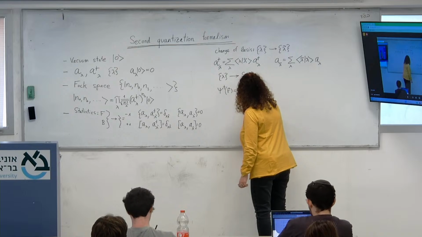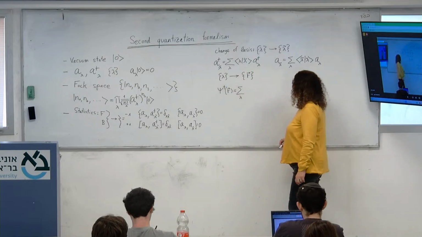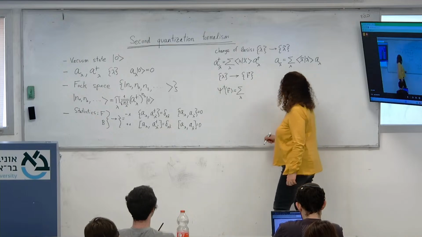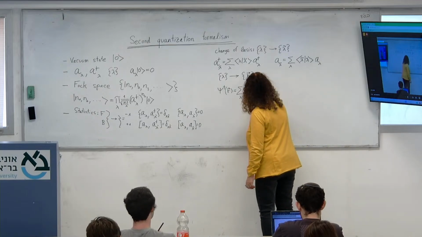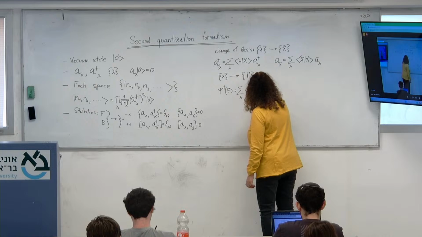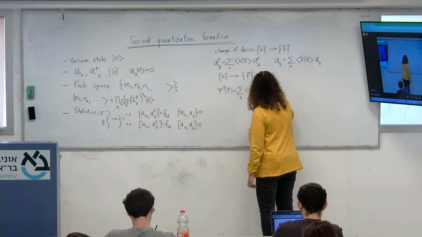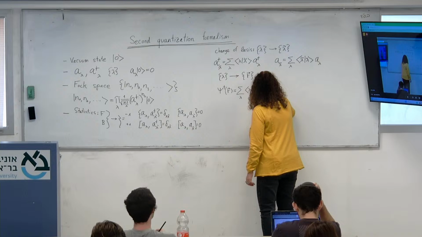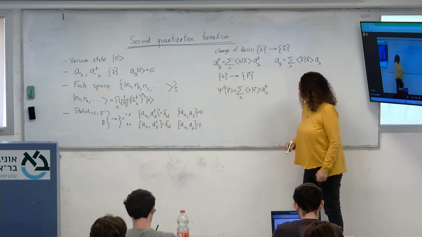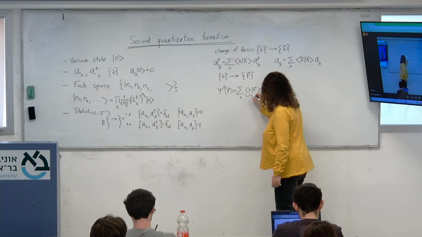So it can be expressed as a sum over lambdas of lambda R. I'm just copying this formula. But what is this?